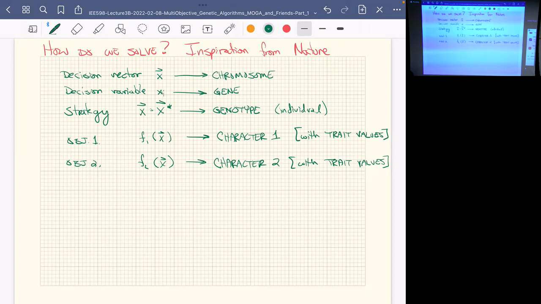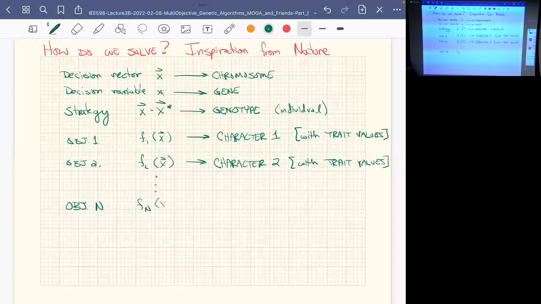So I can have multiple characters. So I can go all the way up to objective n, and so I'll call it f of n. And so again, this will be same deal, character n with trait values.